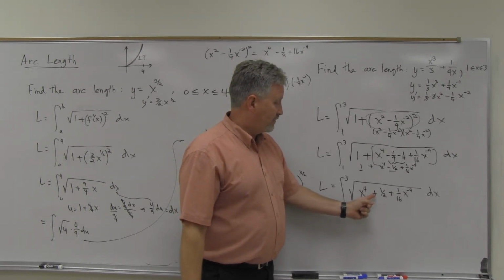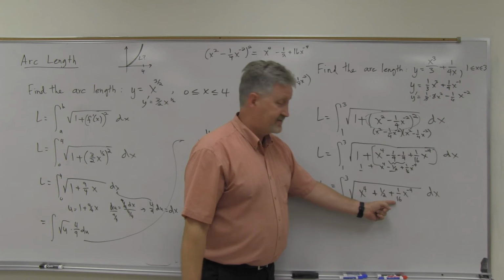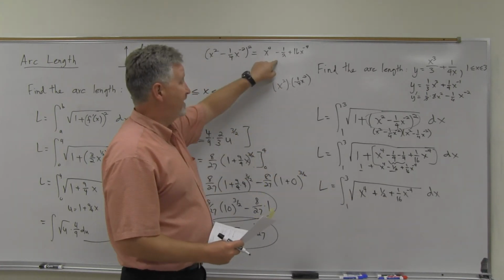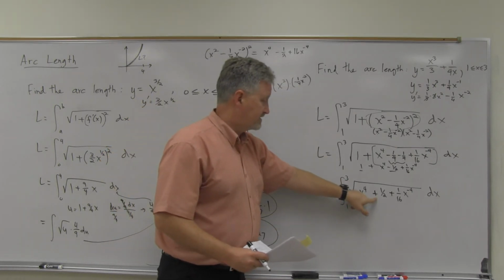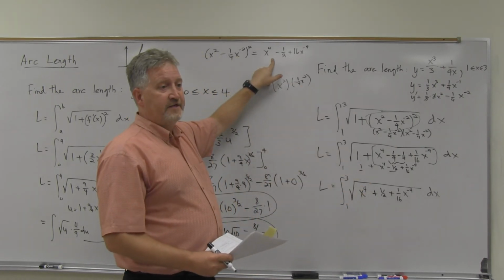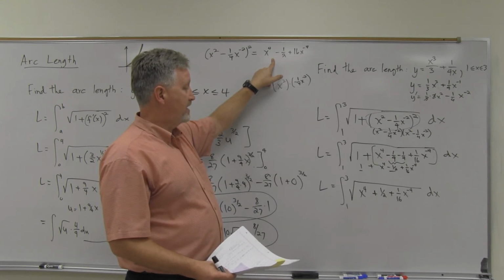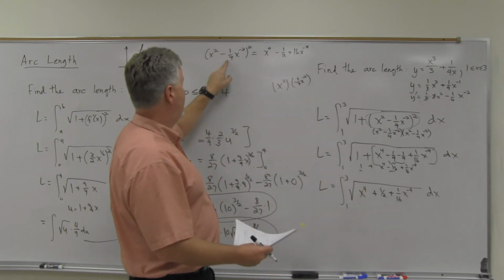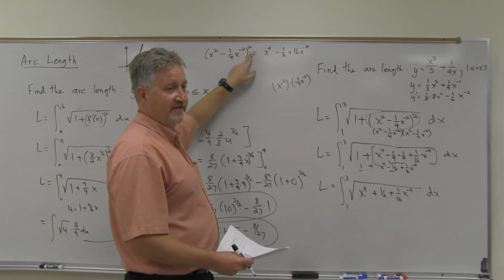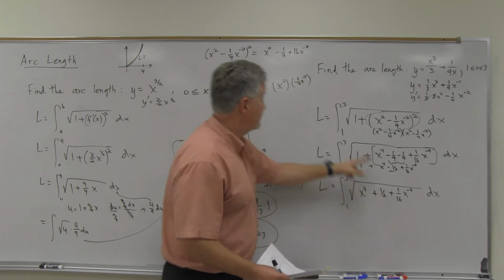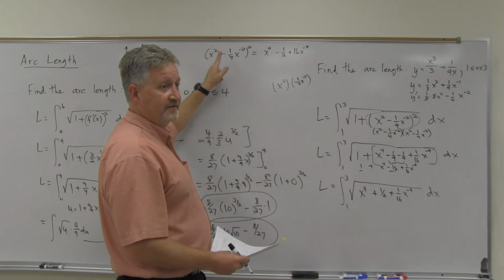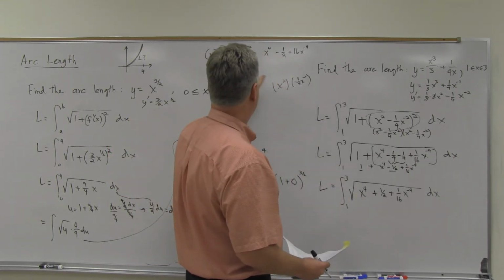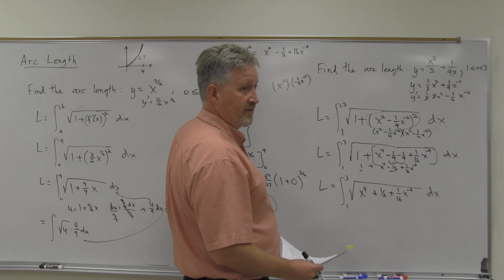I've got x to the 4th plus a half plus 1/16 x to the minus 4. So I've almost got this, except it's a plus half instead of a minus half. So how could I factor this? It's not going to be x squared minus 1/4 x to the minus 2 squared. What's it going to be? Isn't this going to be the same as that except plus in between? Yes, this right here is x squared plus 1/4 x to the minus 2, squared.